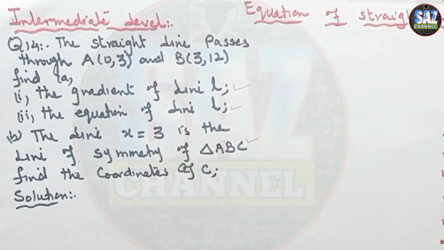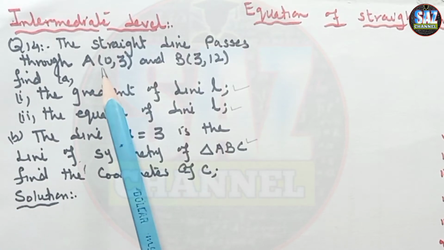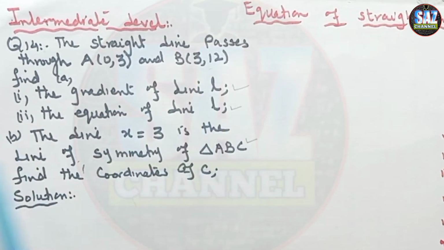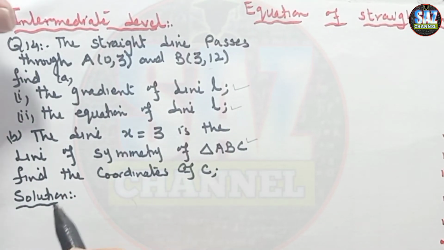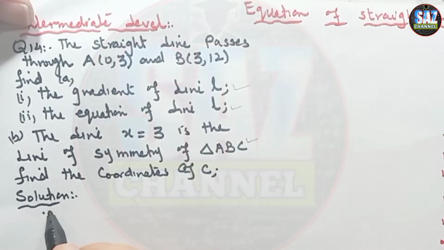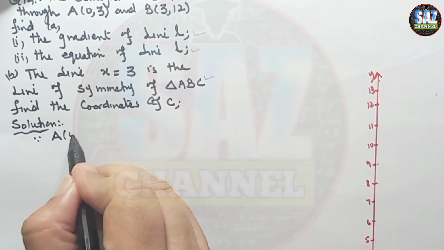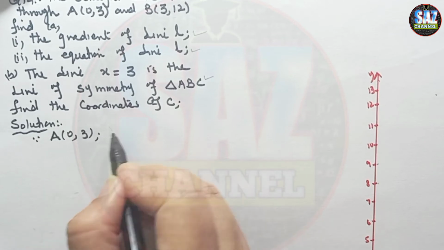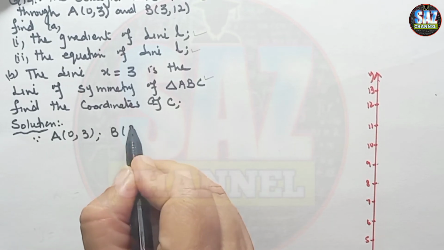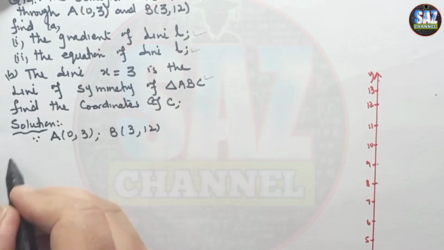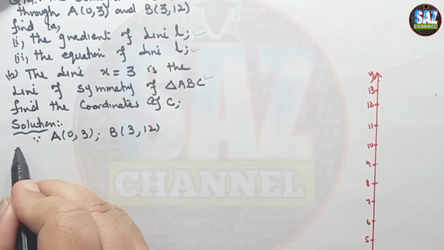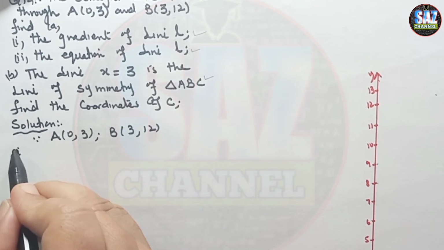The first requirement of the question is that we have to find the gradient of this line. Recall the previous lesson that as in this question we are given 2 points, what is the formula for the gradient of the line? The given points are A (0, 3) and B (3, 12).